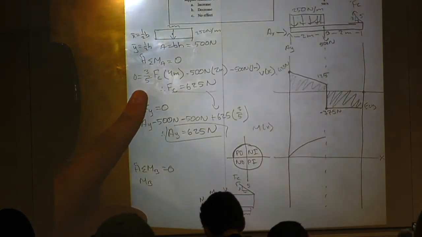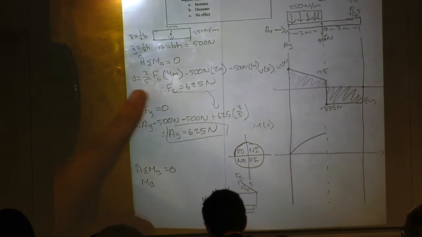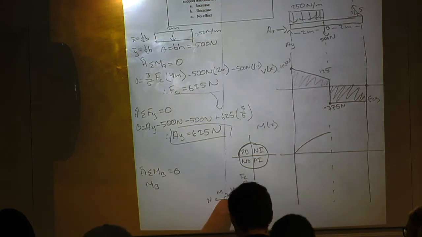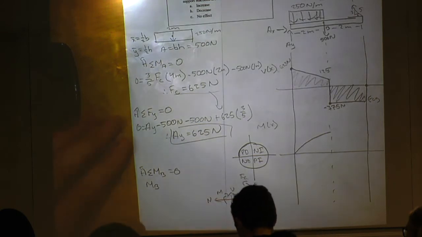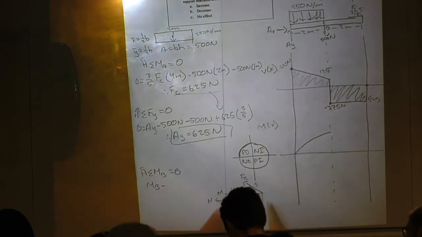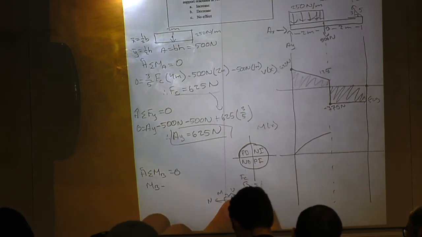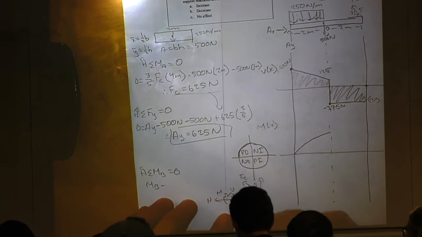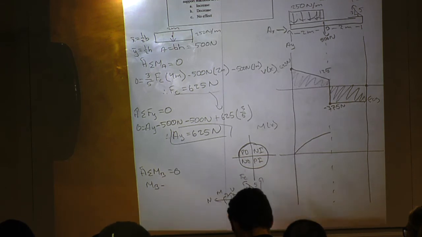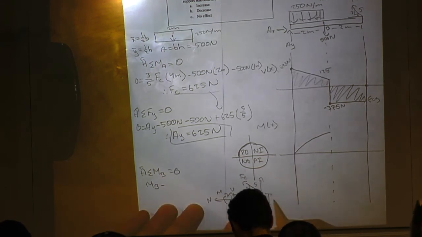Normal doesn't really matter right now. What I'm worrying about is the y component, because the x component, this bar is really thin. Some professors like to give you the thickness of this bar.